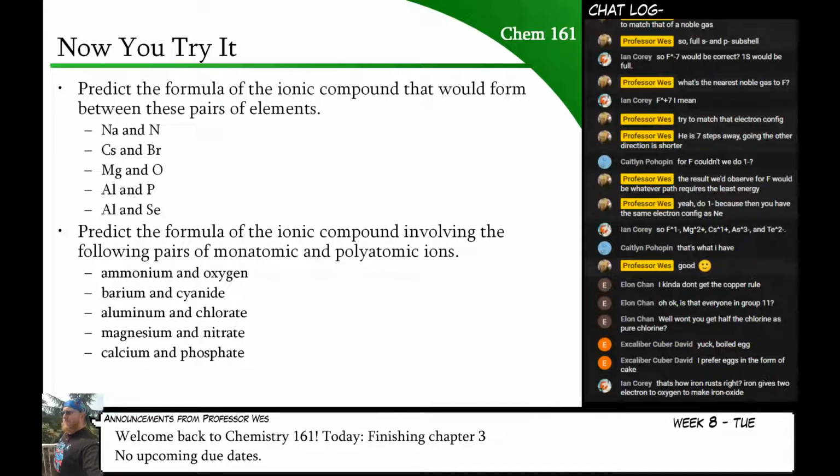Down at the bottom, I have thrown in some polyatomic ions. You'll have to go look those up if you haven't memorized them, which in an online class you probably haven't. It's fine. But I'm going to just write the formulas of those down at the bottom once we go over the answers. Okay? Go ahead and do this. We'll go over the answers in about 5 minutes, and then we'll take a break. So see you in a bit.